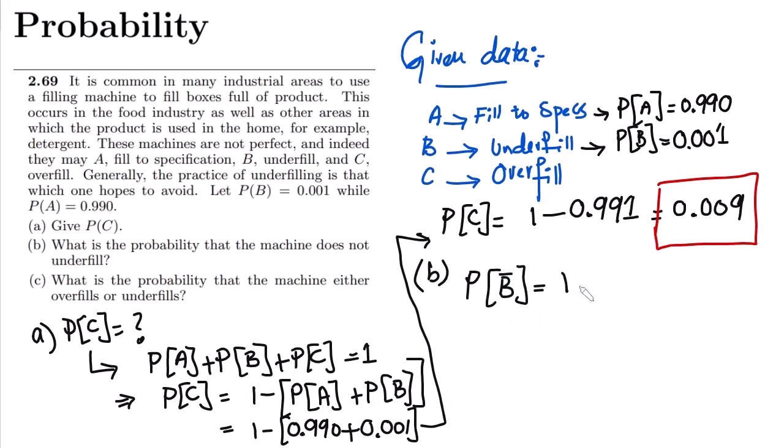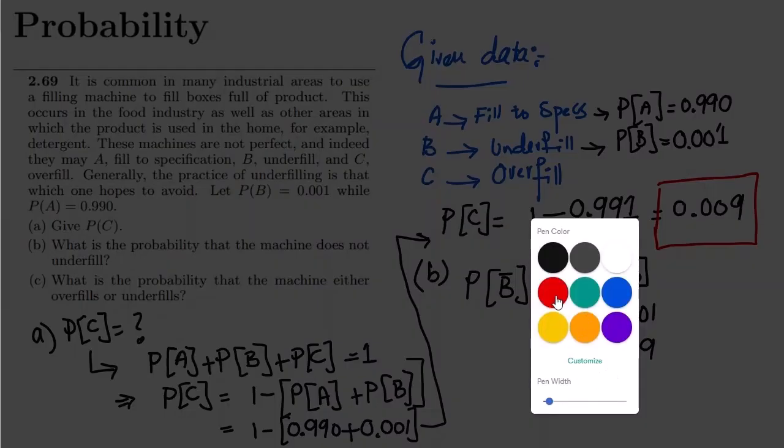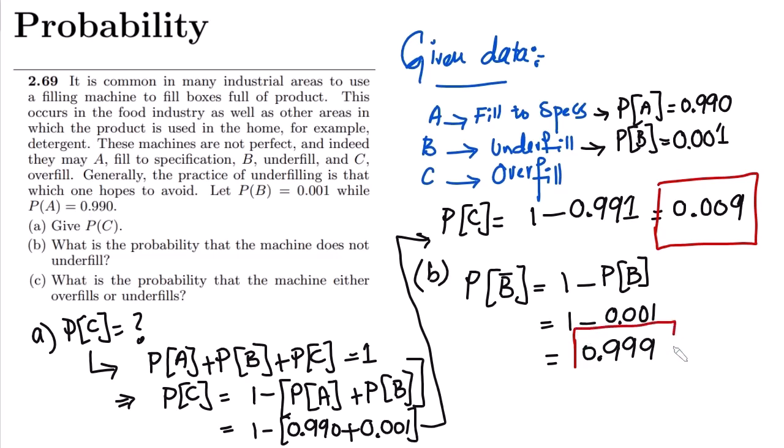It would be 1 minus probability of B, putting values here, 1 minus 0.001. So I will get 0.999, which is quite high, because the system is very efficient. So this is the answer of part B.